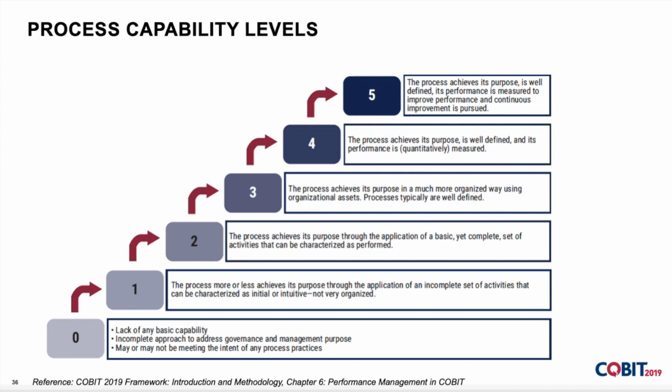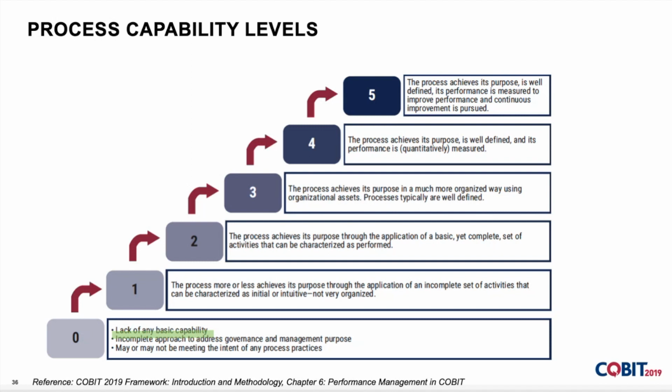And that means that you count 0 as something which is non-existent, but it's specifically used to measure the maturity of processes. So if we look at level 0, we say that there's a lack of any basic capability. So there's no process in place, there's nothing documented, there's nothing that we can rely back on.